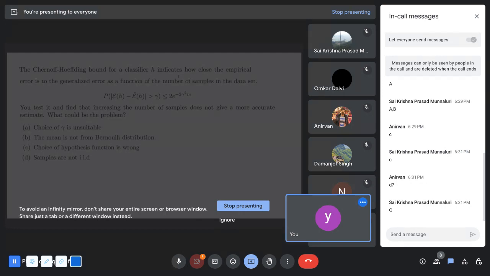That's why it is C. And the samples are not IID; we always assume the samples to be IID, and we minimize accordingly.